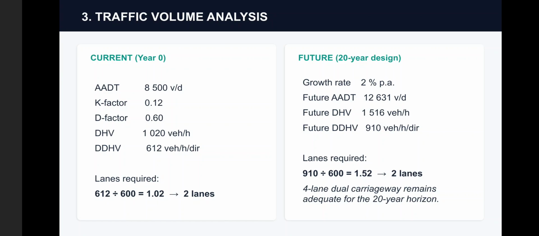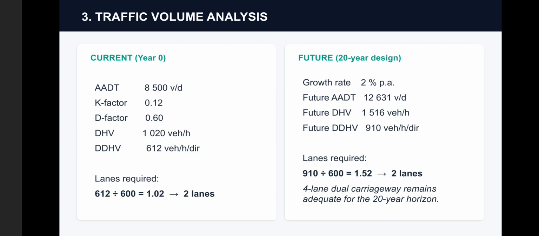The design hourly volume is 1,020 vehicles per hour, which gives us a directional design hourly volume of 612 vehicles per hour. With a lane capacity of 600 vehicles per hour, this requires just over one lane, so 2 lanes per direction are provided. For a 20-year design horizon, a growth rate of 2% per annum was applied.